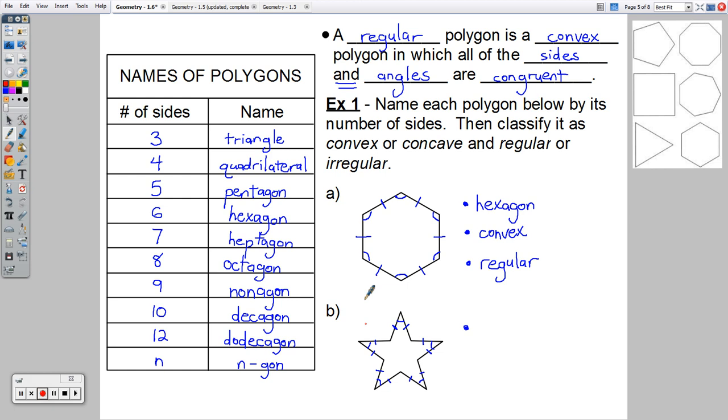When you have a shape that has more sides than is easily counted by just a quick glance, I think it's a good idea to make a little point on the picture and then go around the shape until you get back to that point. So let's start here. We've got 1, 2, 3, 4, 5, 6, 7, 8, 9, 10 sides. We got back to our point. So a 10-sided shape, this star is actually a decagon.